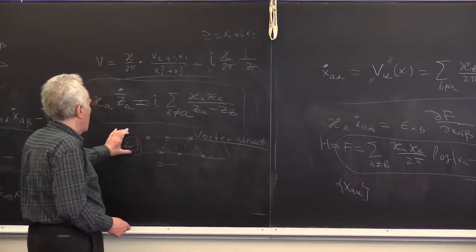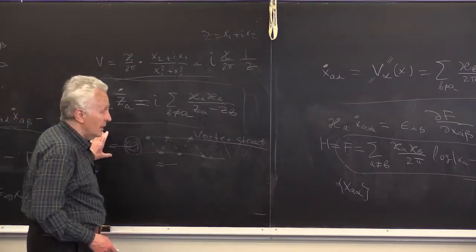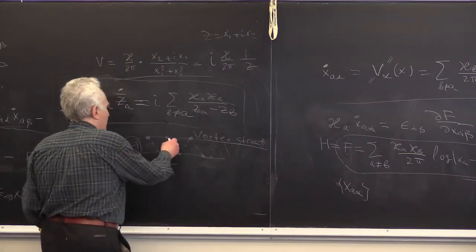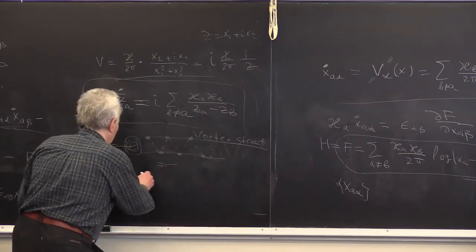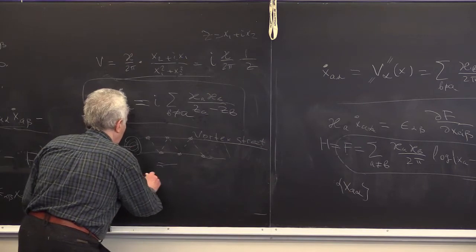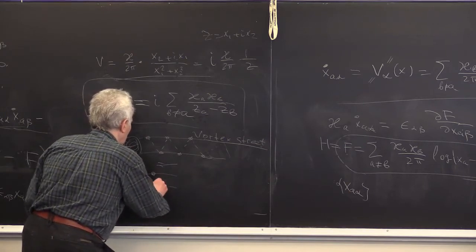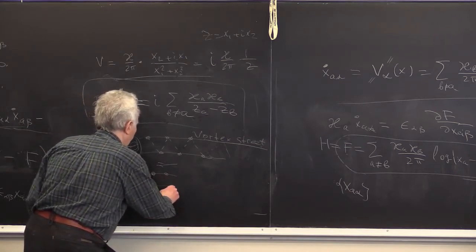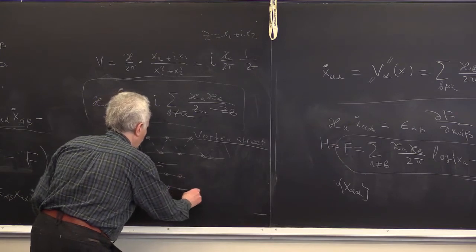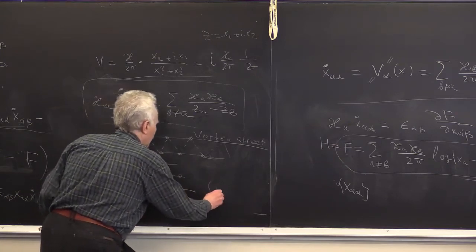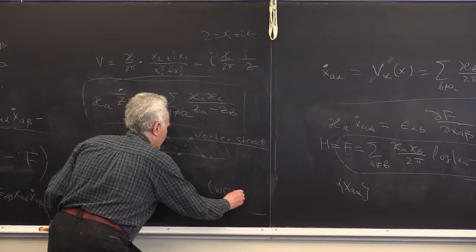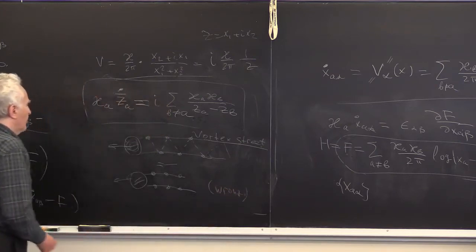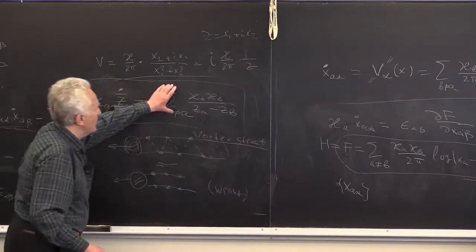Both solutions are moving behind the body. One is this triangular lattice, and the other is simply a square lattice. They both solve this equation.